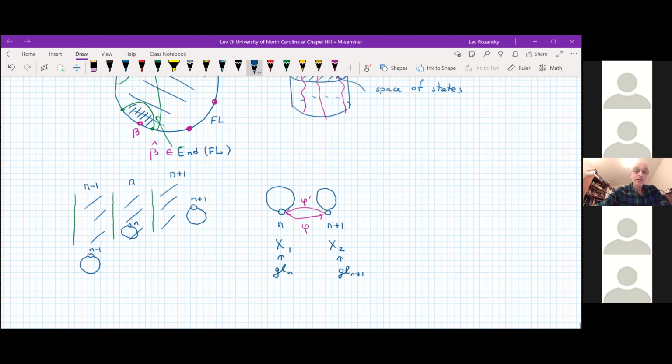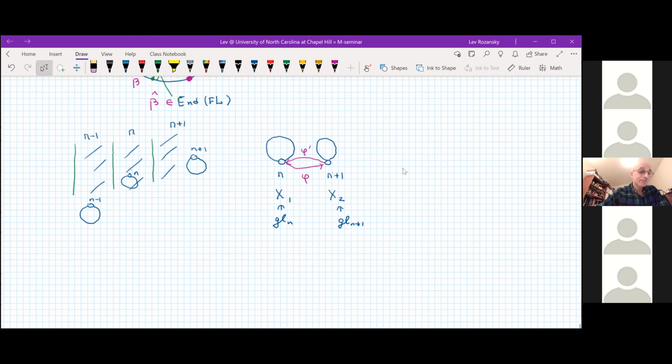And my W, which will describe the correspondence, will be trace of x2 with... I may put them in the wrong order, but you understand... minus x1 phi prime. So this is a nice description of a Lagrangian subvariety separating two commuting varieties.